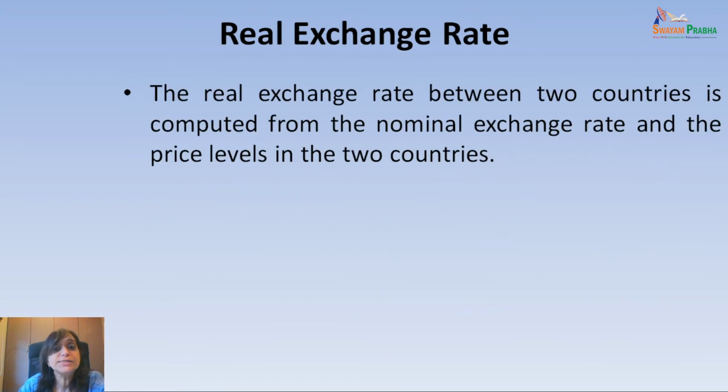Again, let us have a look at it. A real exchange rate between two countries can therefore be computed from three things. One, the nominal exchange rate, as in our example, where we saw the nominal exchange rate of 80 rupees per dollar, and the price level in the two countries. That is, you are comparing the price level of the domestic market with the price level of the foreign market and multiplying it with the nominal exchange rate, and what you get is called the real exchange rate.